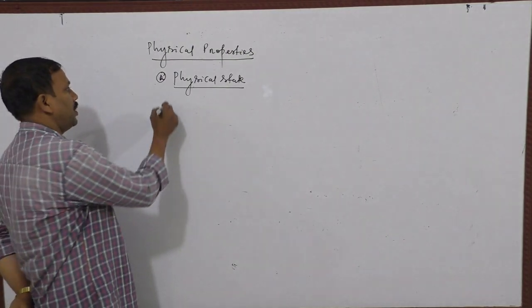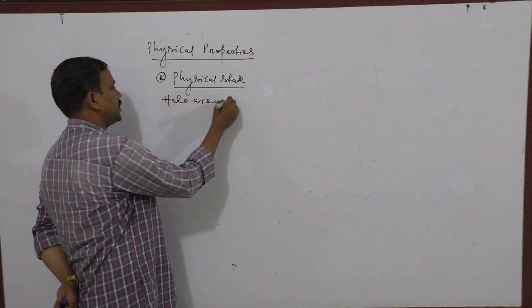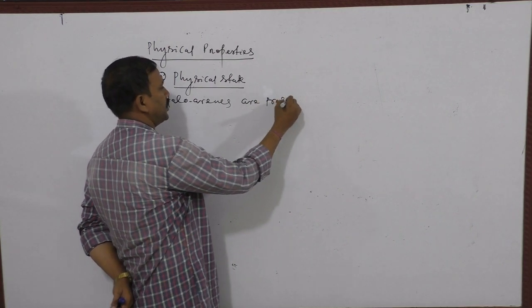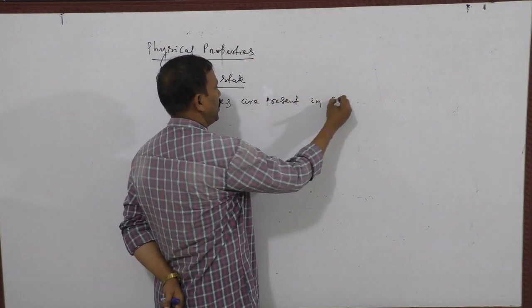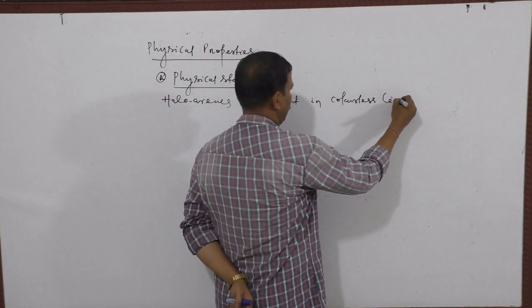So generally haloarenes are present in colorless liquid form.